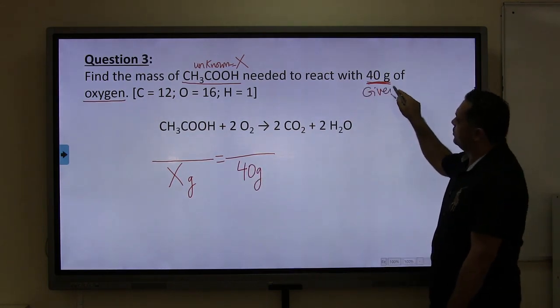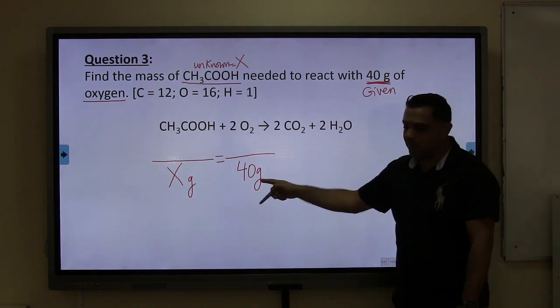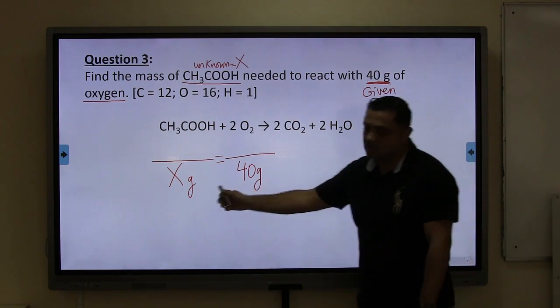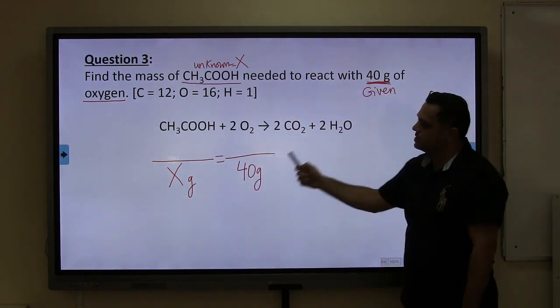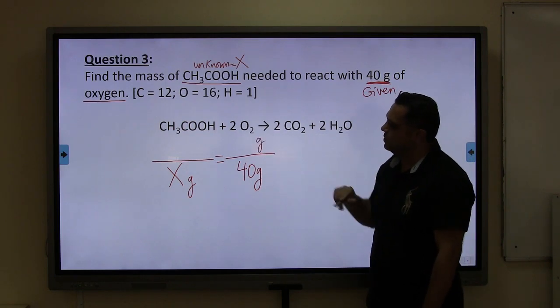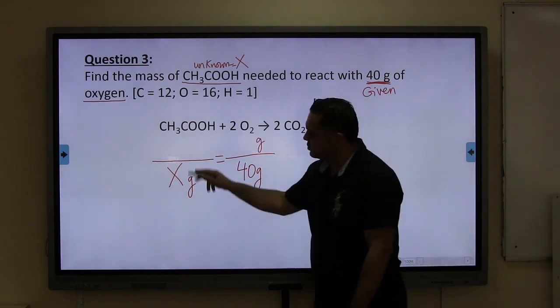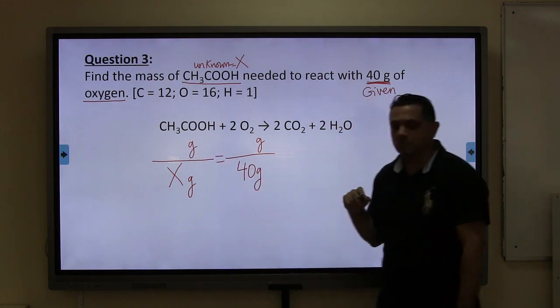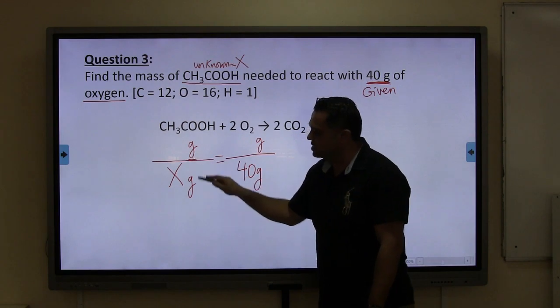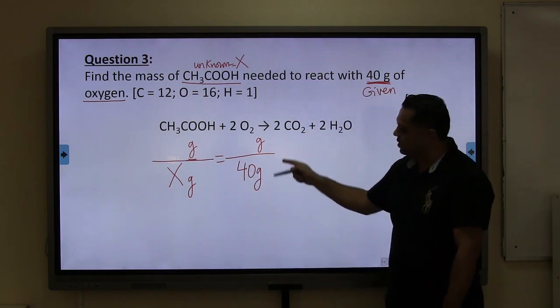So 40 grams will be the given. So given and unknown, they are on the same level. The unknown is X grams, and the given is 40 grams. So this will be grams, this will be grams, and the units in each ratio should also be the same: grams, grams, grams, grams.